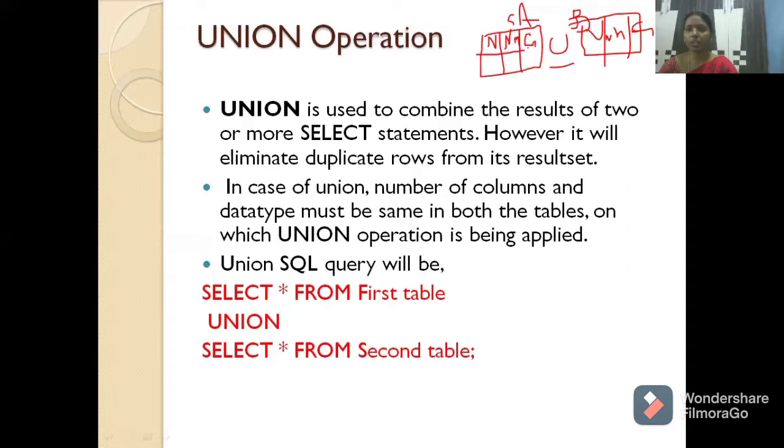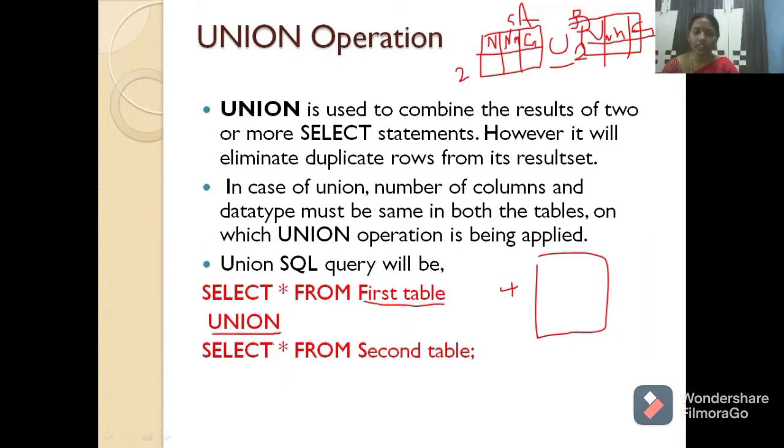Now, when you perform the union operation over these two tables, consider this table A has two rows and this table B has two rows. If you perform union, how many rows will come? 4 rows will be in the result set. Now, how to write this union operation? Select star from first table, whatever table you want.